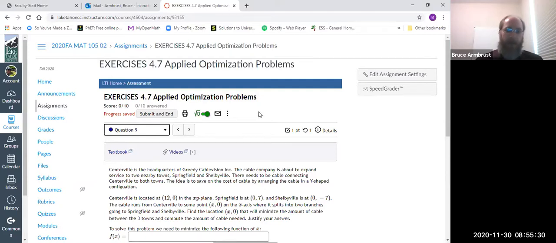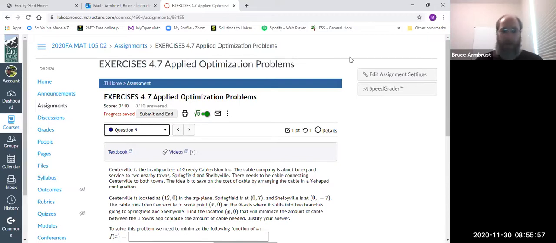Centerville is located at (12, 0) in the XY plane, Springfield's at (0, 7), and Shelbyville's at (0, -7). Cable runs from Centerville to some point (x, 0) on the x-axis, where it splits into 2 branches, going to Springfield and Shelbyville. Find the location that will minimize the amount of cable between the 3 towns and compute the amount of cable needed.